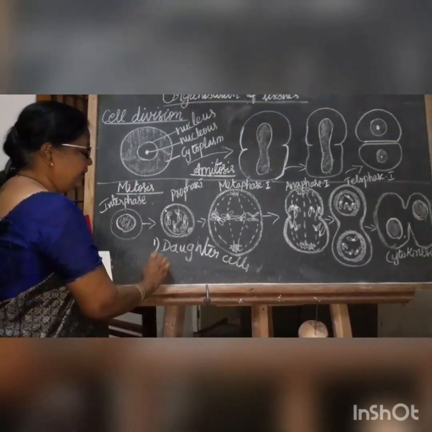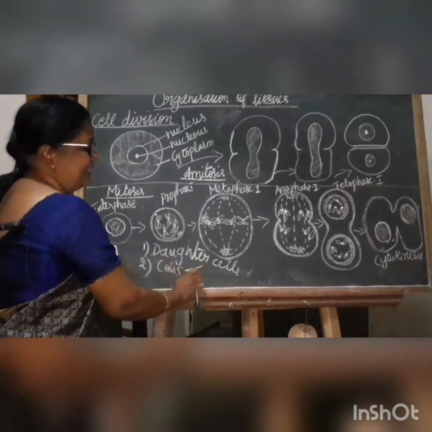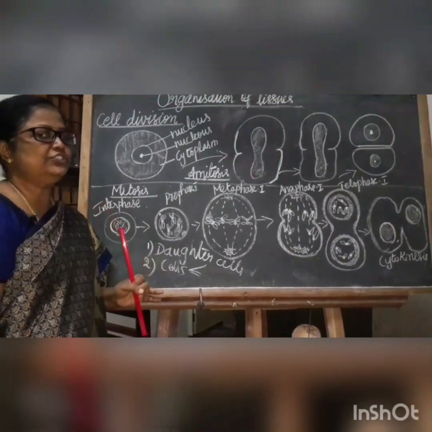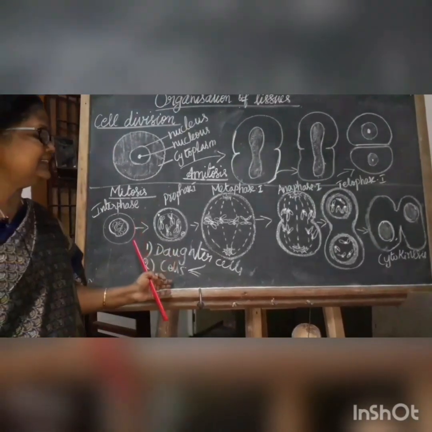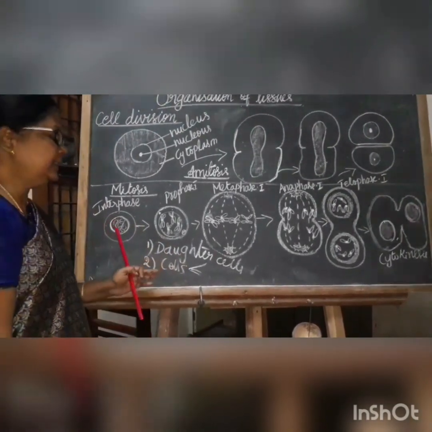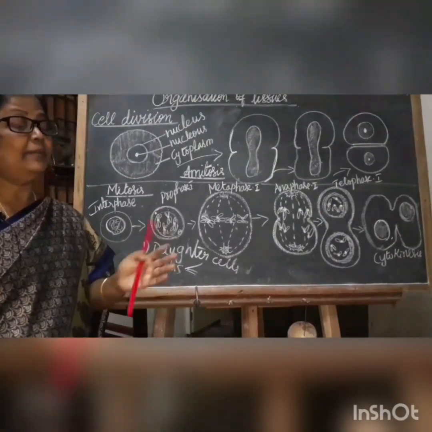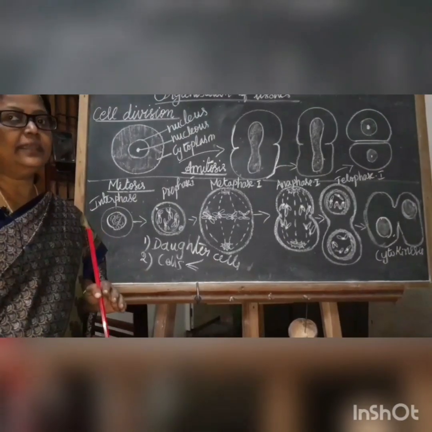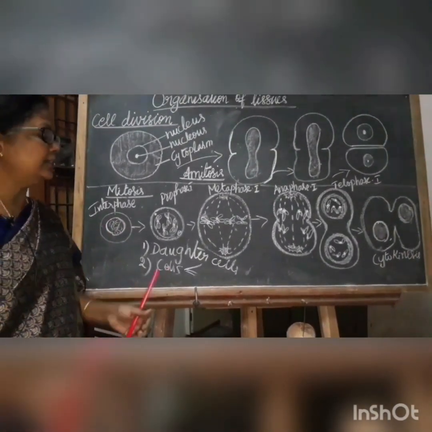In the second point, in multicellular organisms, there will be growth in the organs, tissues and cells, so they will increase the body weight. Third point, they will repair wounded and damaged tissues. The last point is they will replace the old and dead cells. So it is an important 2 marks question.